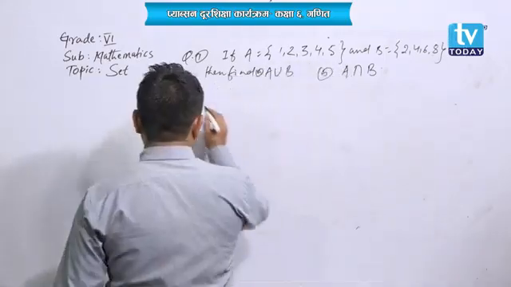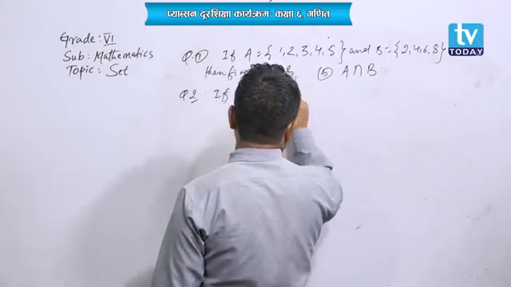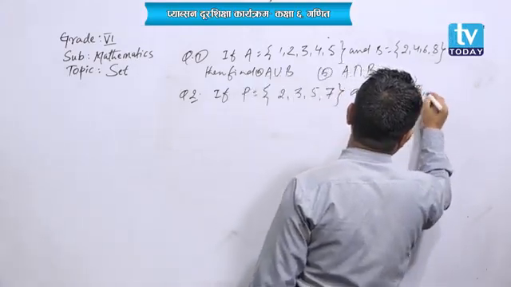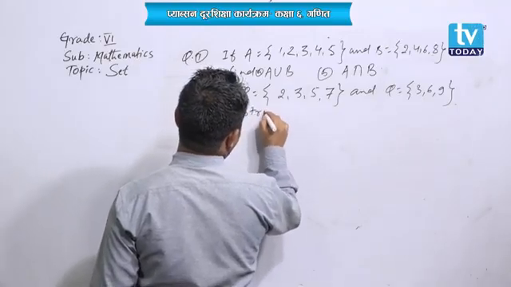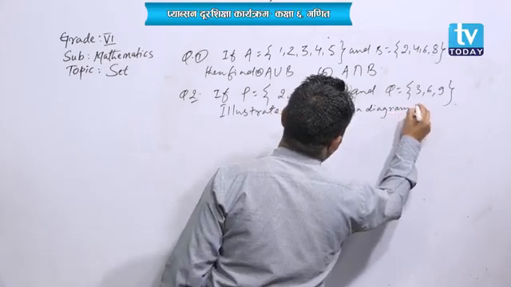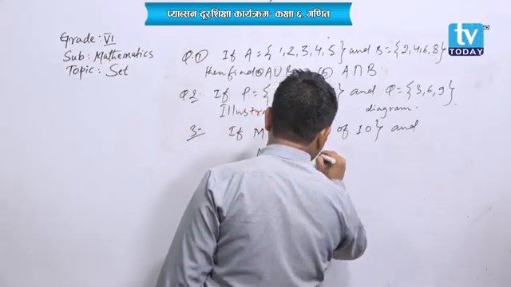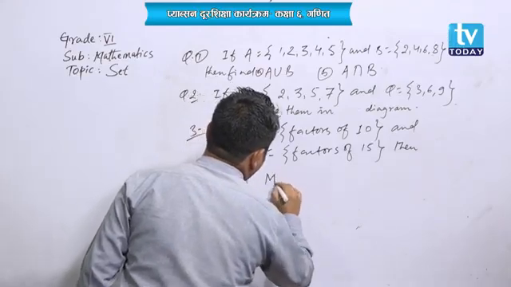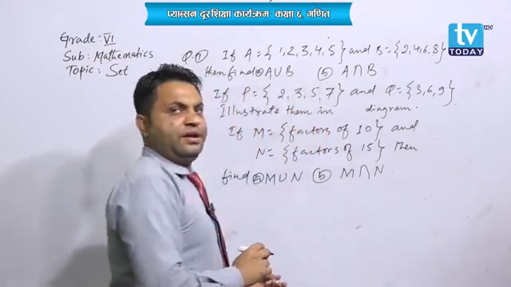Another question, question number 2: if P equals 2, 3, 5, 7 and Q equals 3, 6, 9, illustrate them in a diagram. Question 3: if M is ... and N is the factors of 15, then (a) find M union N, (b) find M intersection N. Is it clear?